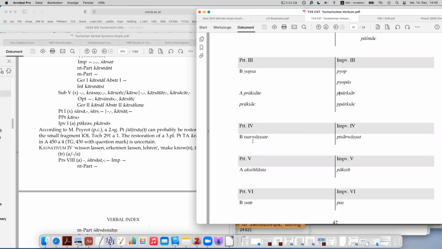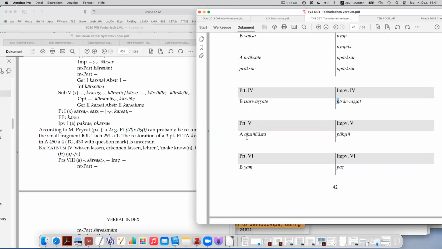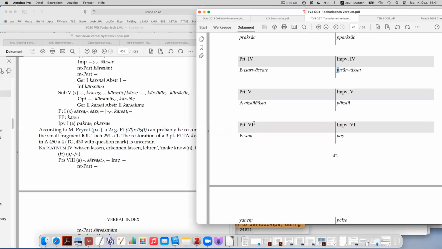And then you have tsar or shapte, and then you have prtsar or shapte. So the difference is just the per prefix. Then you have akshi naste, and you have pakshin, and so on. So you can see 6, 6, 5, 5, 4, 4. So the imperative is always built from the preterite with a prefix per.